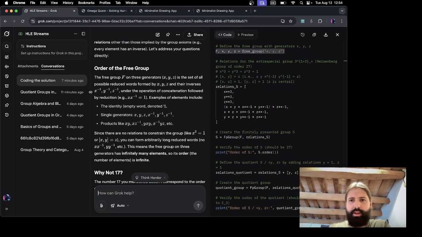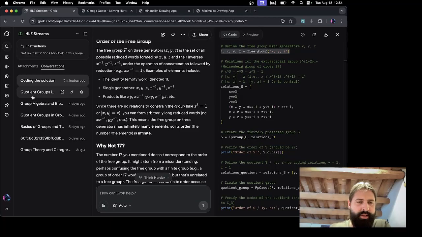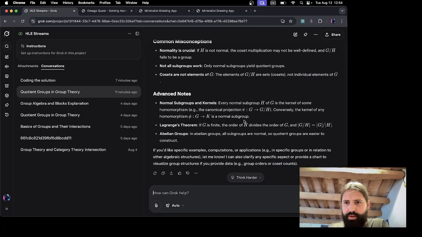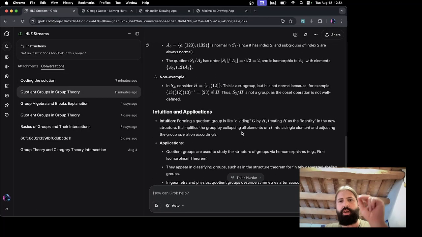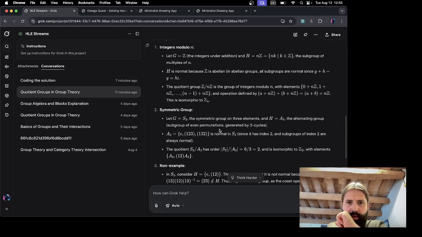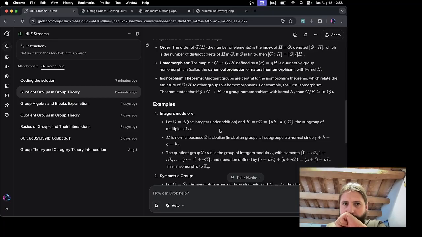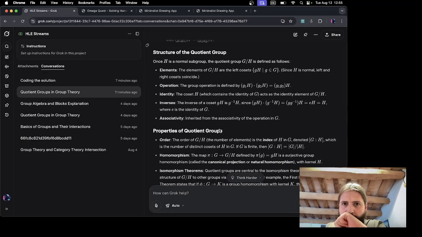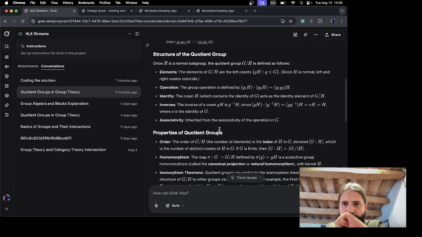And exactly. When you're doing the quotient, in quotient groups, you're saying we're just going to pick one element.